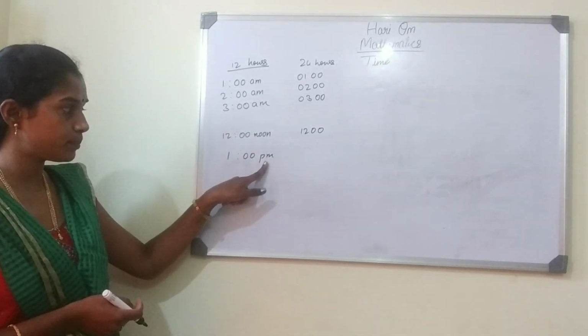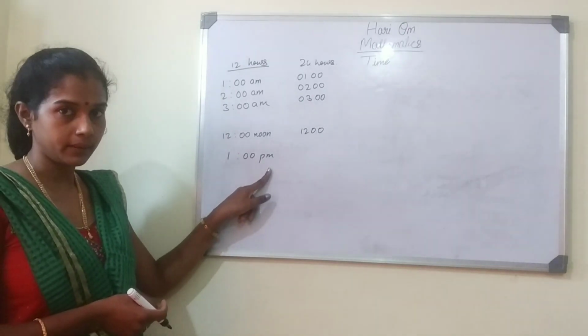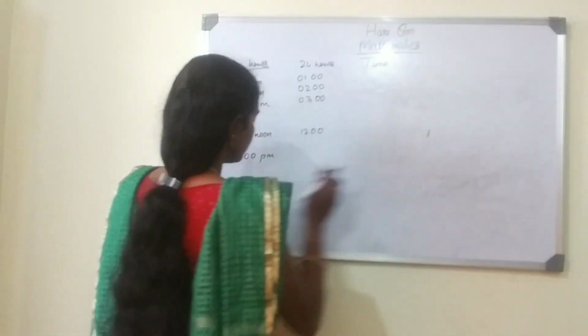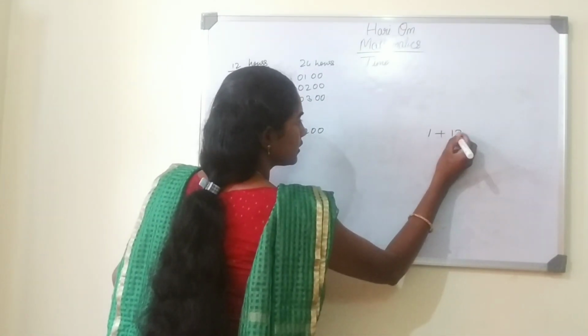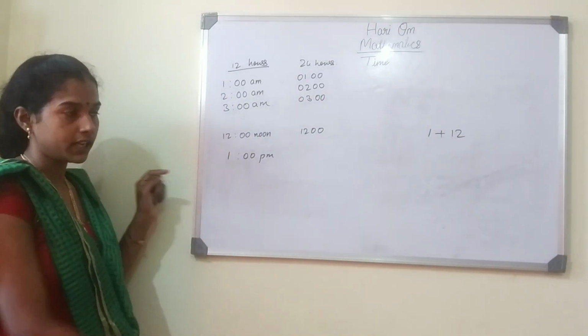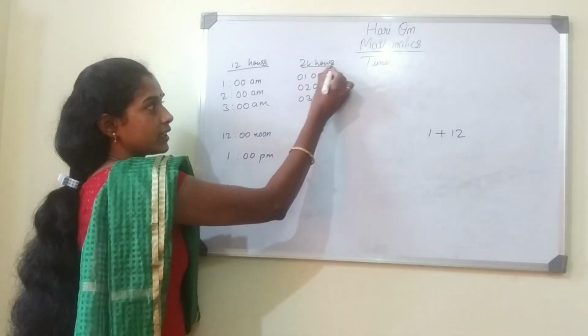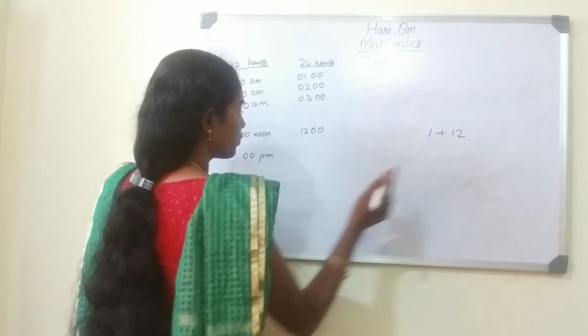Only if it is p.m., children, what we are going to do is, what is the time here? 1 plus 12. So we are going to add 12 to make it into 24 hours. Understood, children? So 1 plus 12 will be 13.